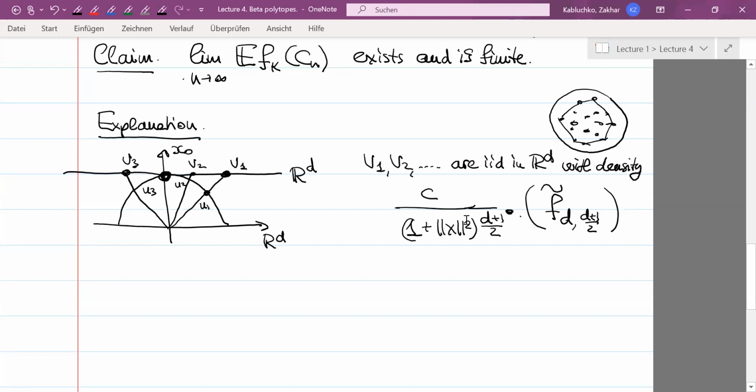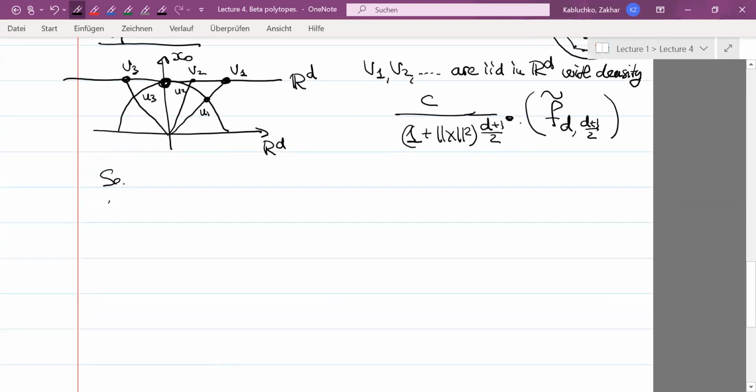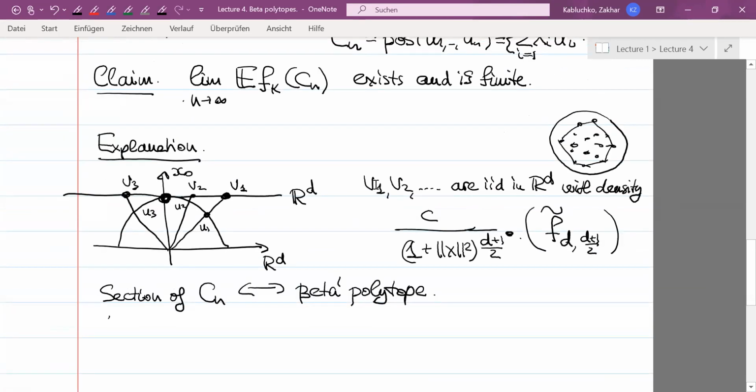So the section of C_n by the tangent space can be identified with the beta prime polytope. And now we have the question why the number of faces of this beta prime polytope converges as n goes to infinity.